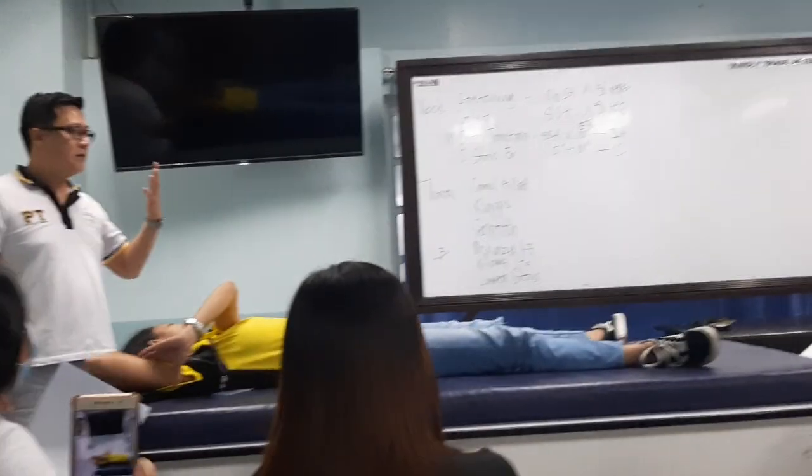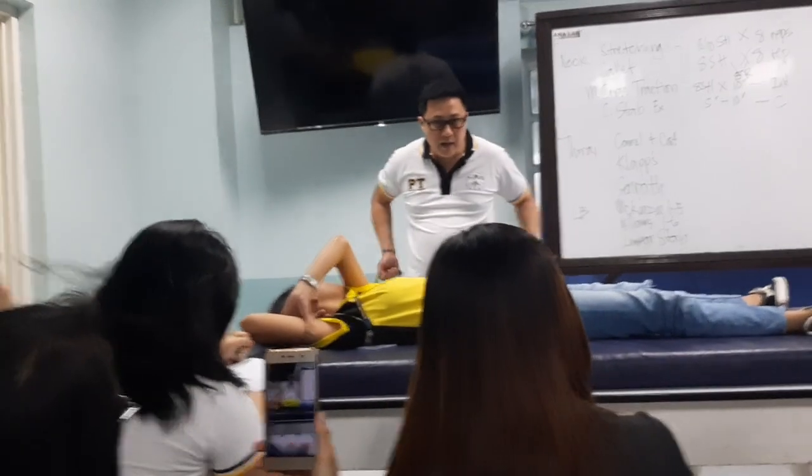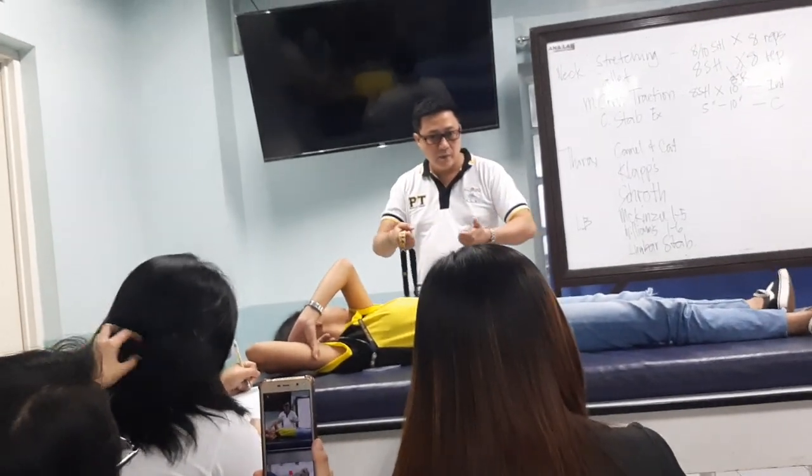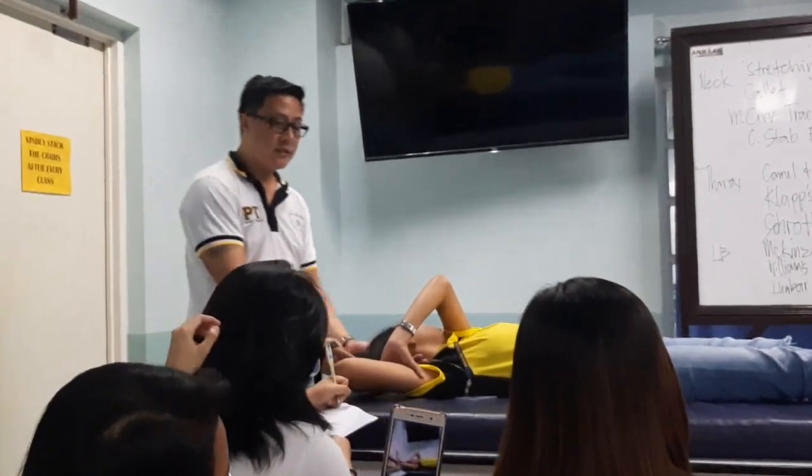There's a second technique. You use a belt wrapped around your waist. For example, this is my belt that was wrapped around my waist, so that when I do this, I will not fall over.